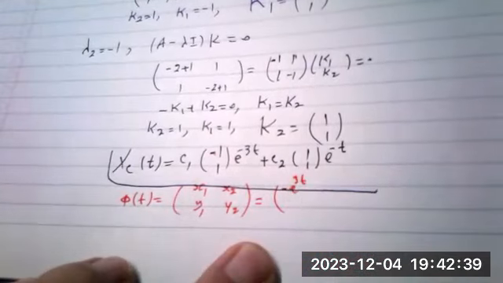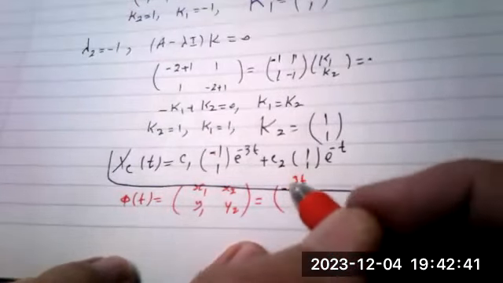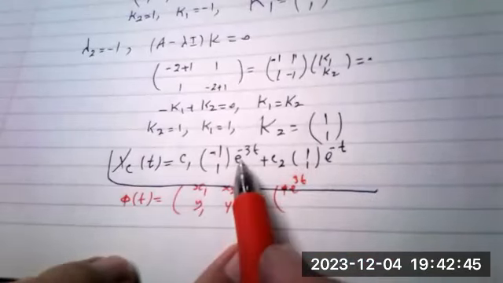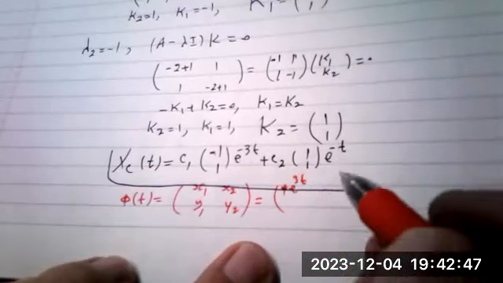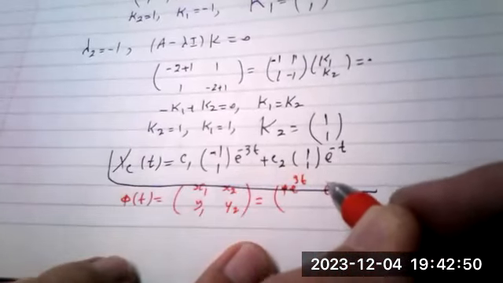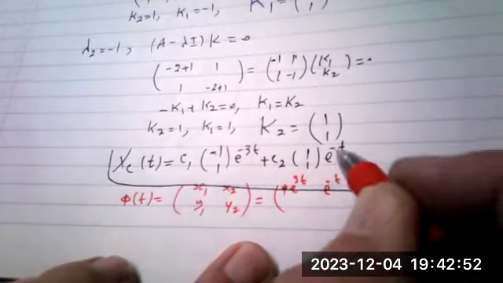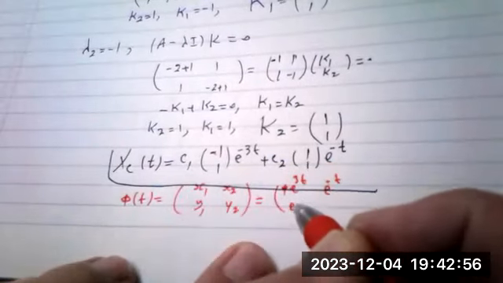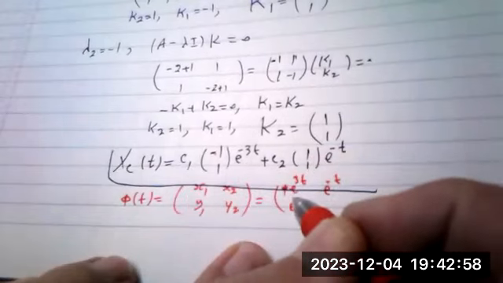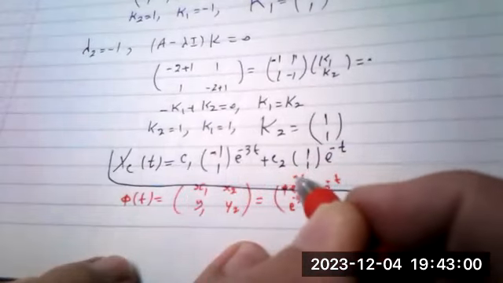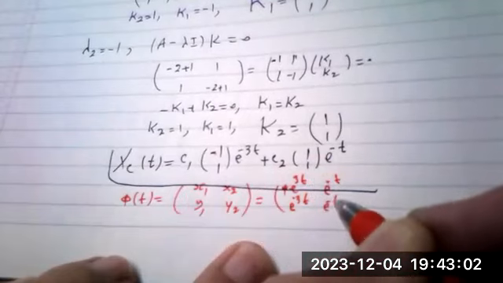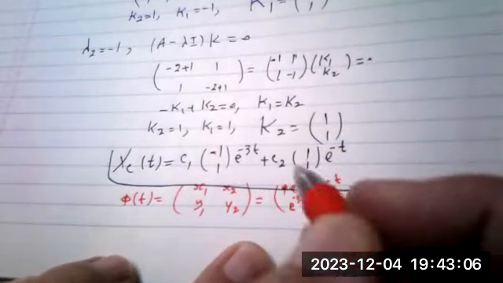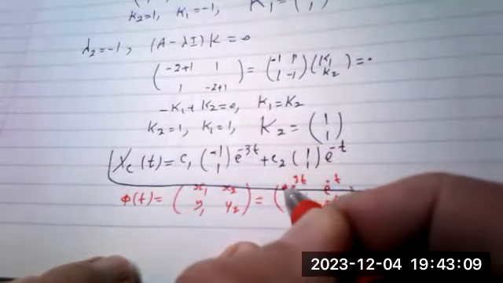It doesn't matter really, just go with e to the -3t. This is going to be your x1 and x2, and this is going to be e to the -t. For the second component, it's again e to the -3t and e to the -t. If you want to stay with those, just apply the negative sign to all of them together.